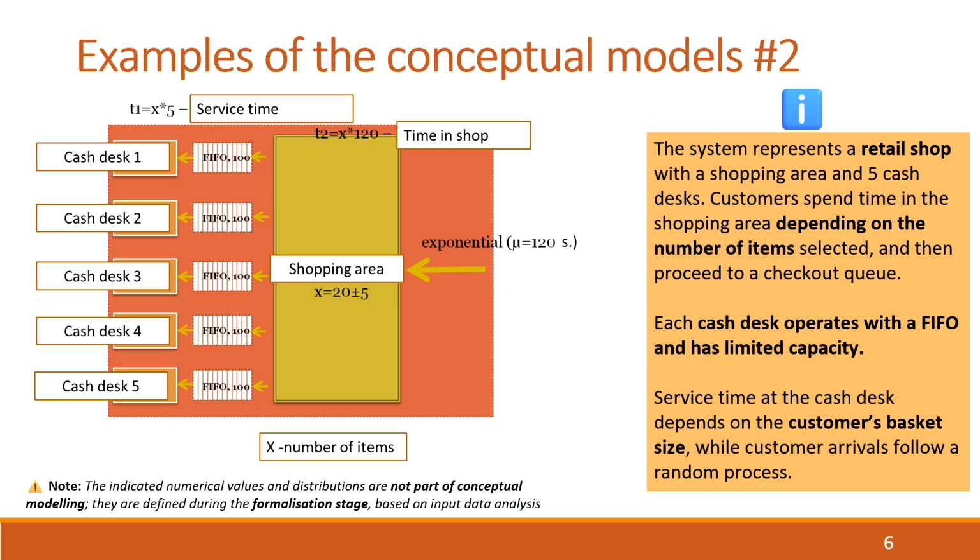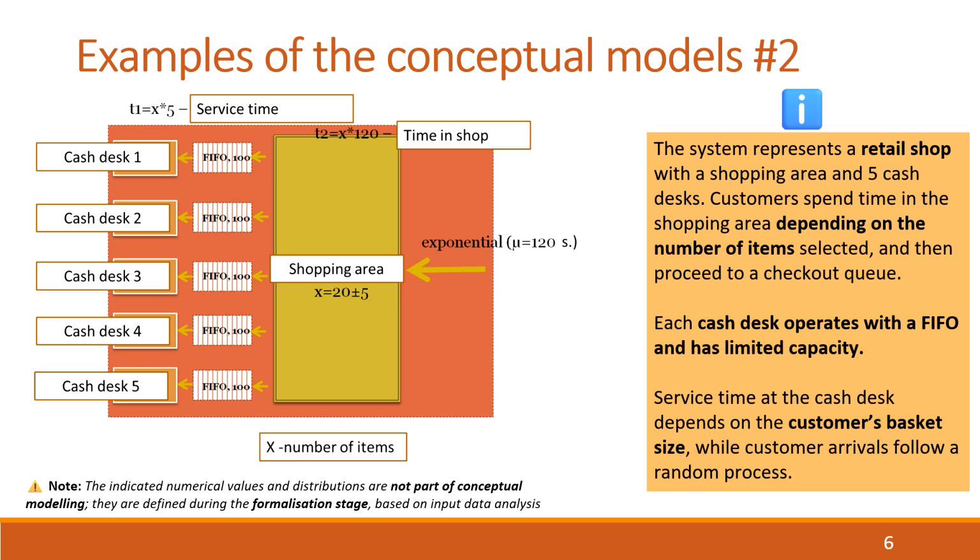Let's consider one more example, more complex compared to the previous slide. The slide shows an example of a conceptual model for a retail shop system. Customers first spend time in the shopping area, where the shopping time depends on the number of items they are going to buy. After shopping, customers move to one of 5 cash desks.